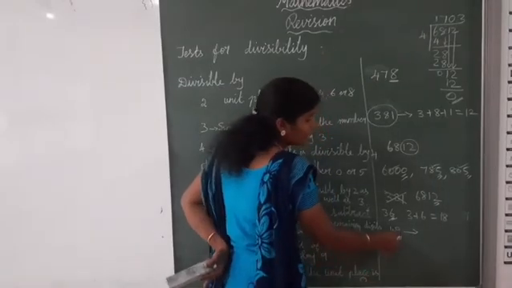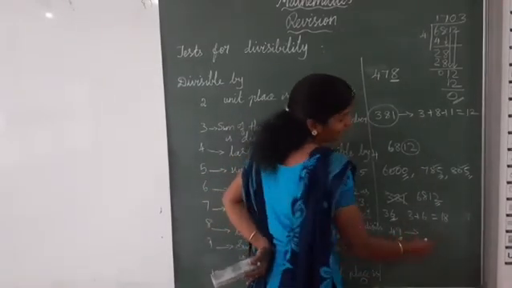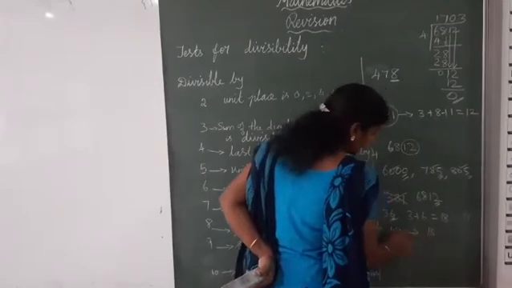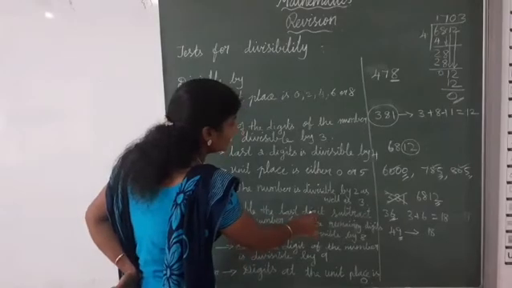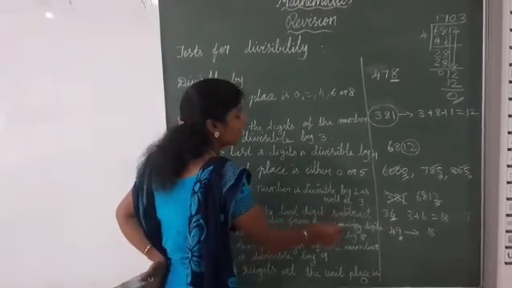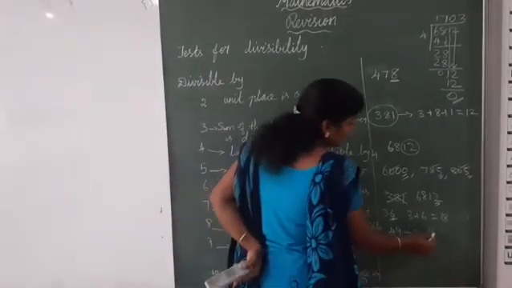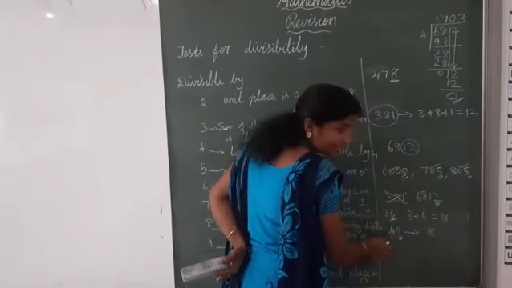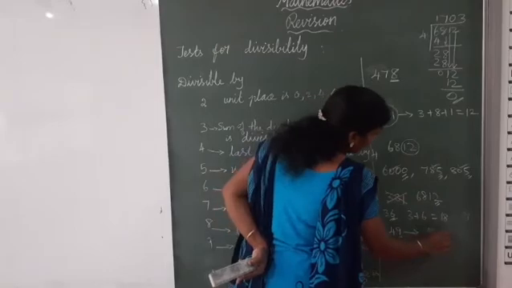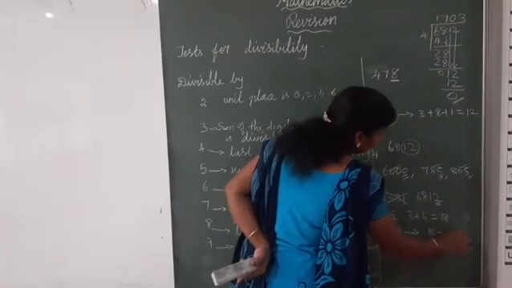Now we can double it. Double means 9 plus 9, 18. Now subtract this number from the remaining digit. The remaining digit is 4. So 18 minus 4 equals 14.